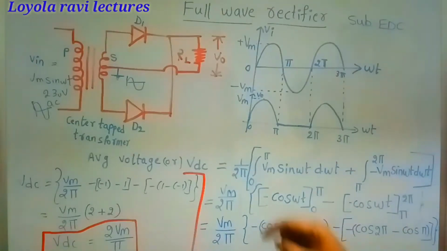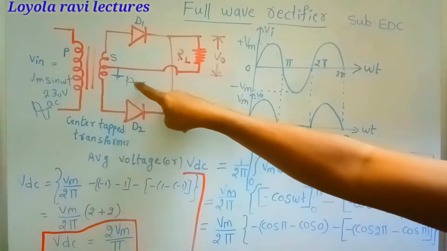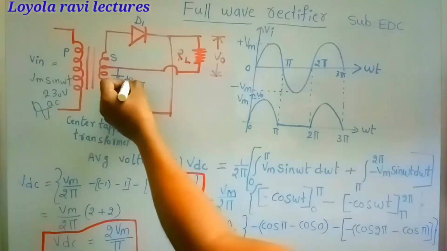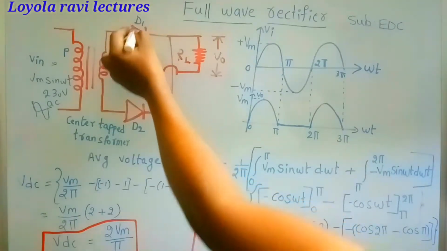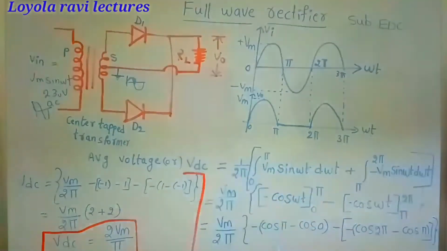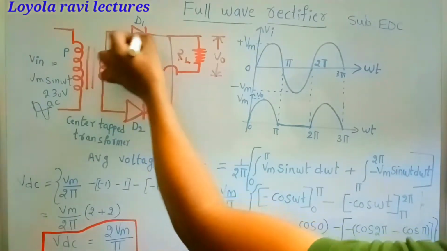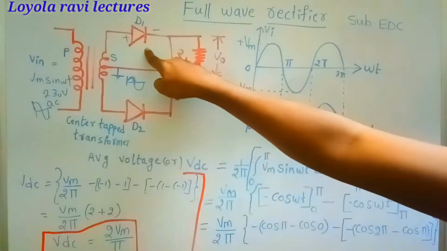V0. If we check the operation, this is the input to the rectifier circuit. Whenever we give the positive half cycle, diode D1 is on, because positive is connecting to the anode of the diode. That is why the diode is forward biased and on.